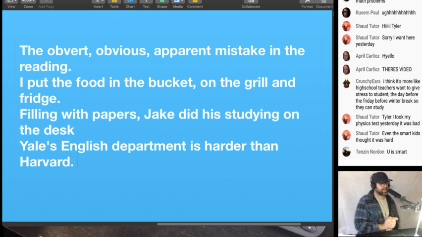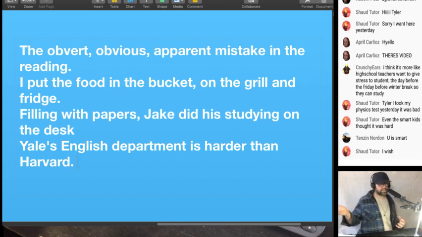This is a kind of difficult topic, I've got to be straight up. Whenever you see the word "than" in a sentence, you need to be perked up for faulty comparisons. So Yale's English department, what are we comparing it to? Harvard, the college in general.